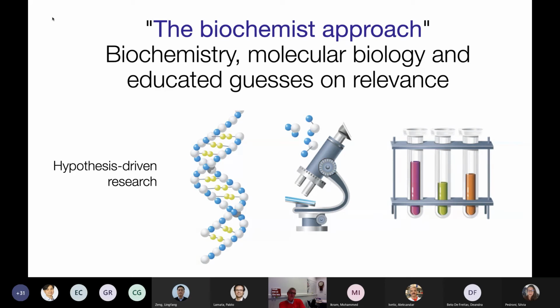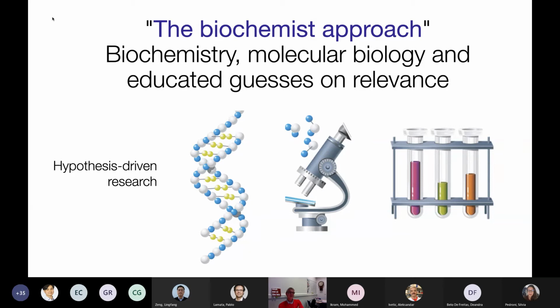And for those who are not young anymore, as I am, I remember that in the days of my PhD and then several decades after that, there was a sort of mantra that research should be hypothesis driven. So basically you observe something, you make a hypothesis on what could be the mechanism, and then you perturb the system and prove whether the mechanism is correct or not.